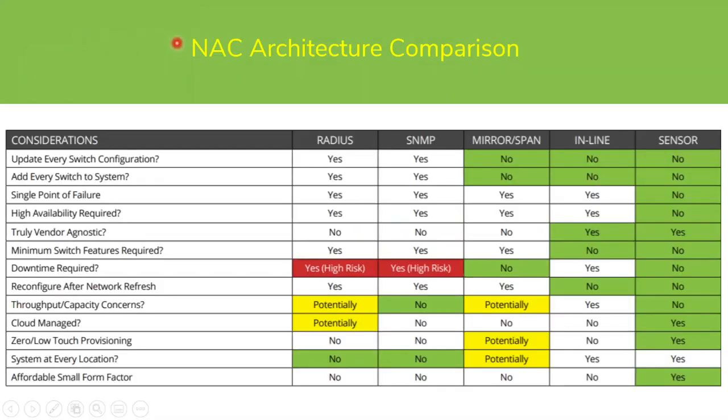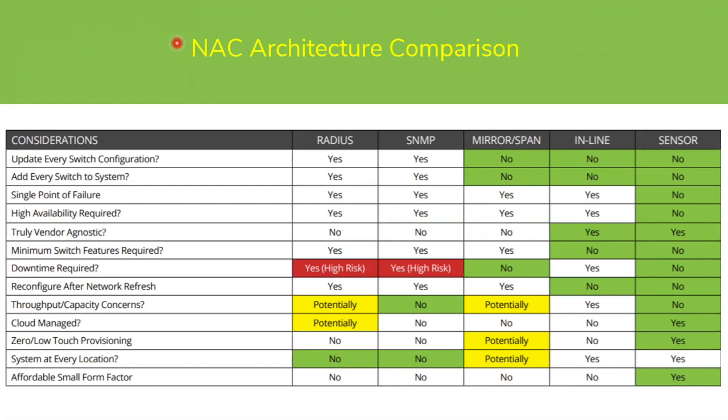This matrix is one of the most important pieces of information in this webinar. This is an overview of all the various considerations that network managers and security professionals should take into account when deciding what type of NAC architecture to implement on their network.